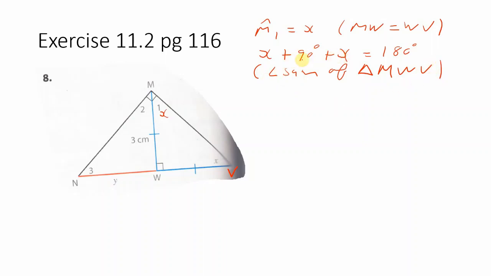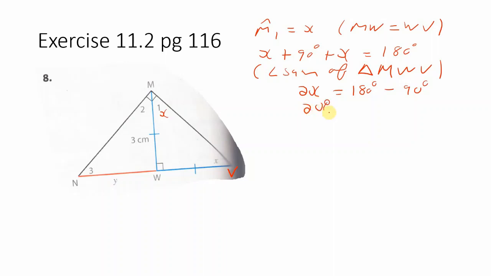So now I can simplify on the left. I can add the x plus the other x to get 2x. I can move the 90 degrees over the river. It joins the 180 degrees, which is already on the correct side. But since the plus 90 is on the wrong side, I have to swim it through the river. The sign changes, it becomes negative 90 degrees.